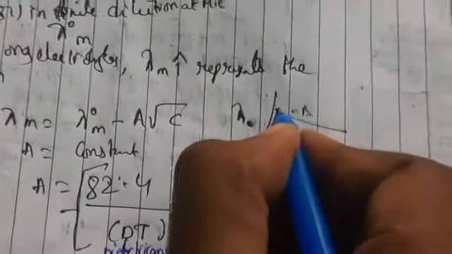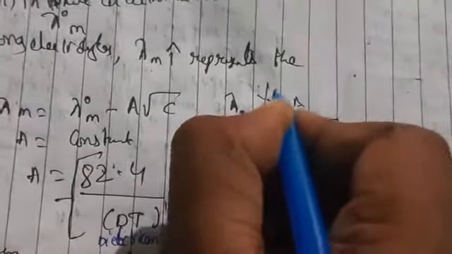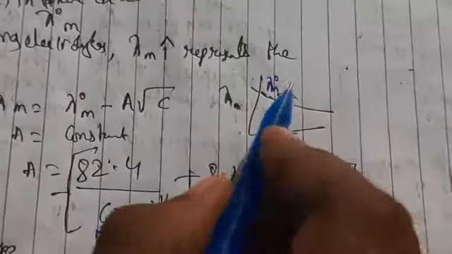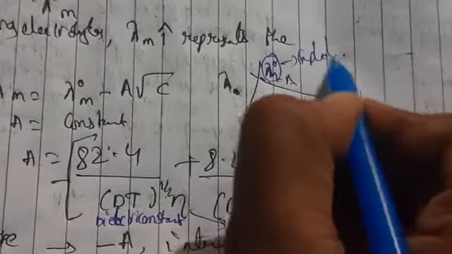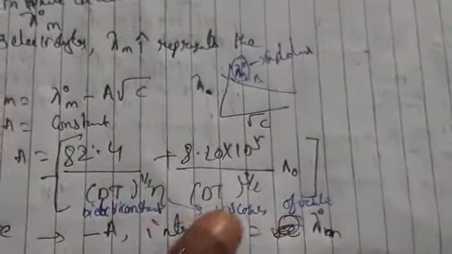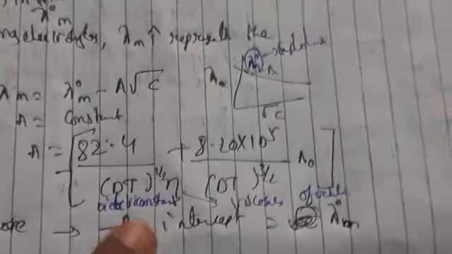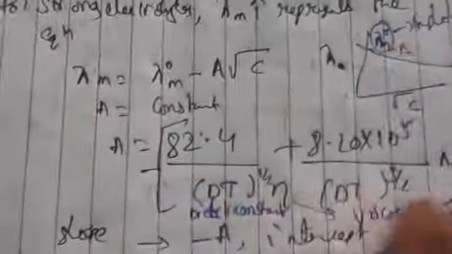The extrapolated value, lambda naught m, is known as the intercept, and A is the slope. Okay, so this is the strong electrolyte graph.